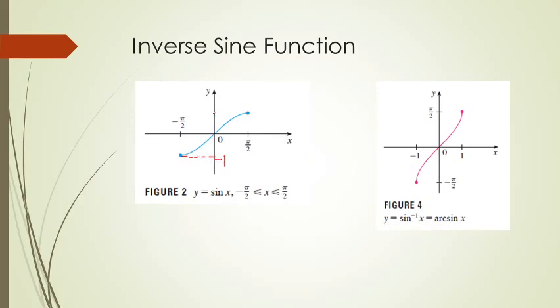Here is 1, from minus pi half to pi half. It's increasing, and we can talk about its inverse. How can we write its inverse? You can write minus 1 as a superscript, and it's also called arcsine. So we can write in this way.